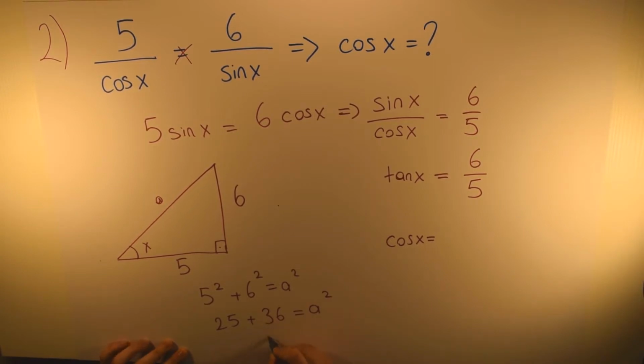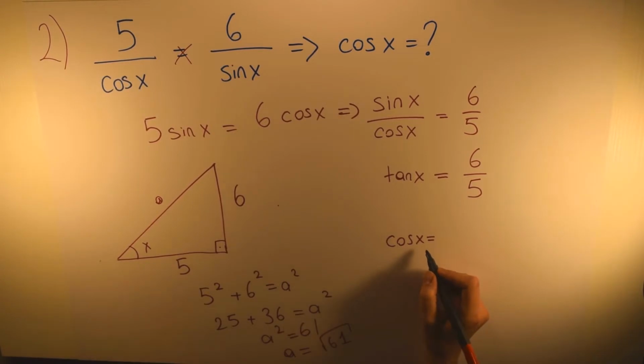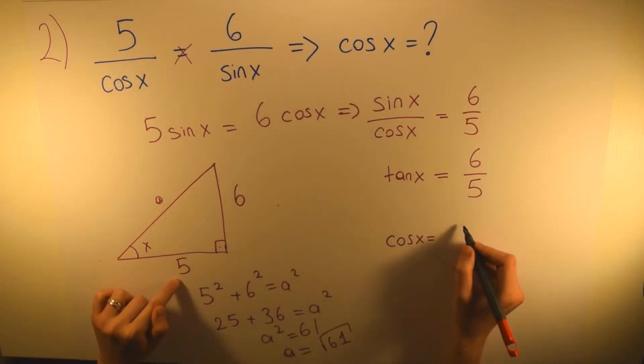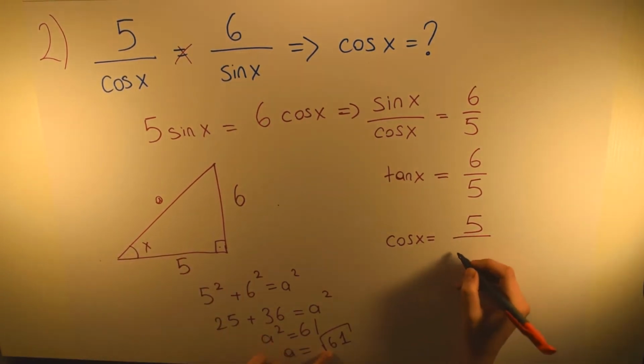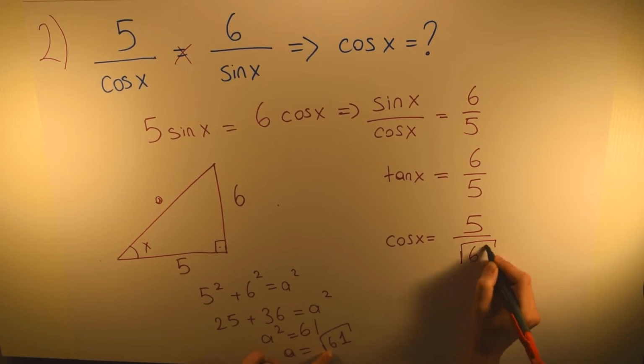So a square is equal to 61, and our hypotenuse is equal to square root of 61. Cosine x is equal to the adjacent side, which is 5, over our hypotenuse, which is square root of 61.